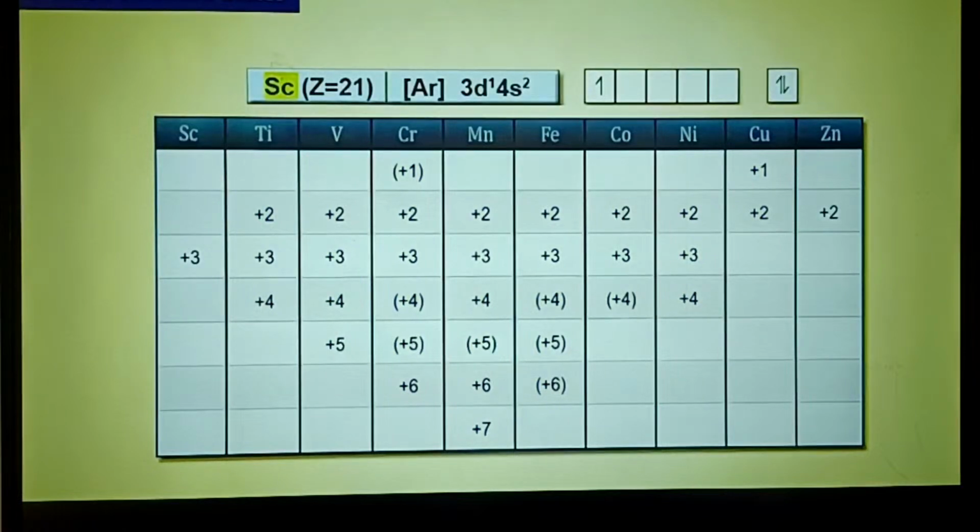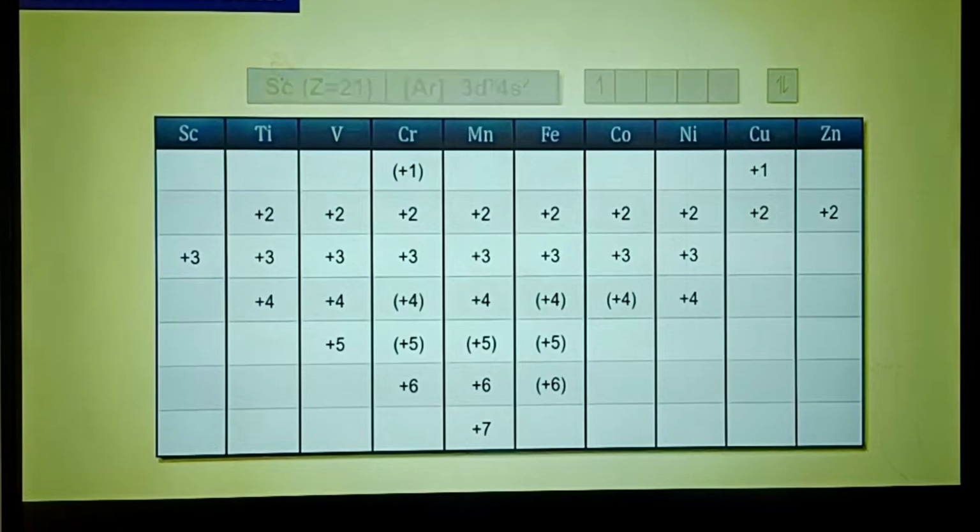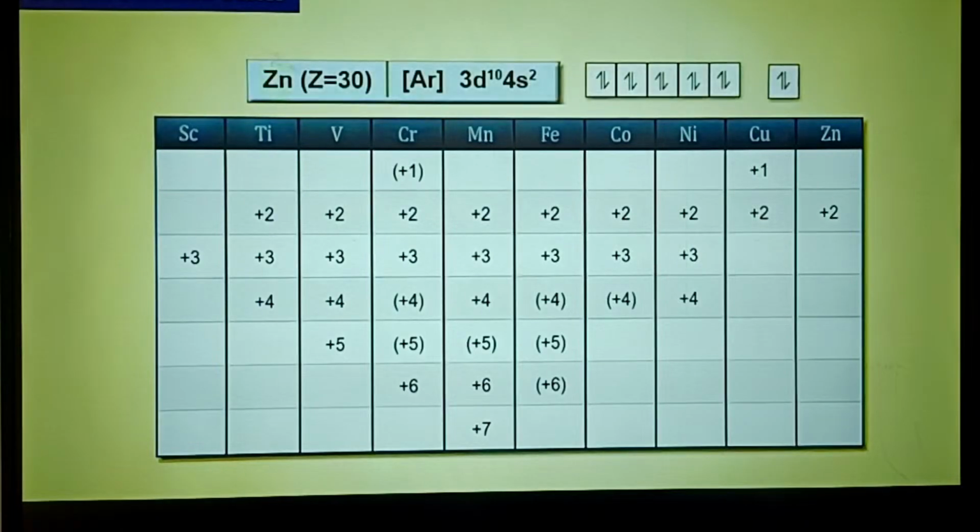Scandium, due to the availability of very few electrons for bonding, does not show variable oxidation states. On the other hand, zinc, due to the presence of too many d electrons, has fewer orbitals available for bonding and thus does not exhibit variable oxidation state.